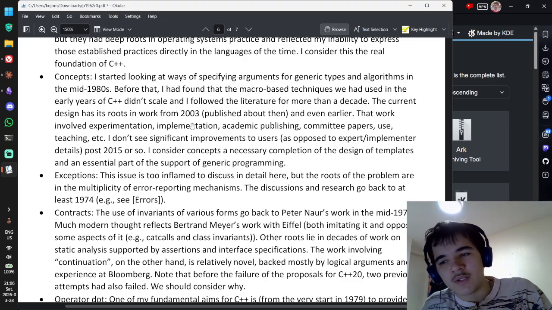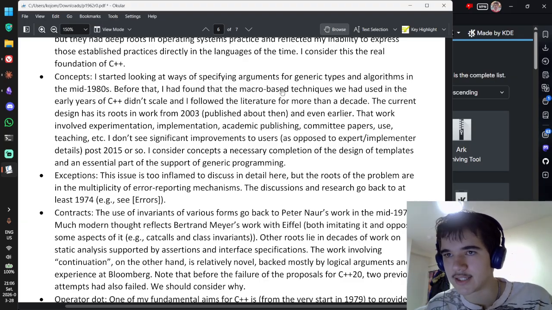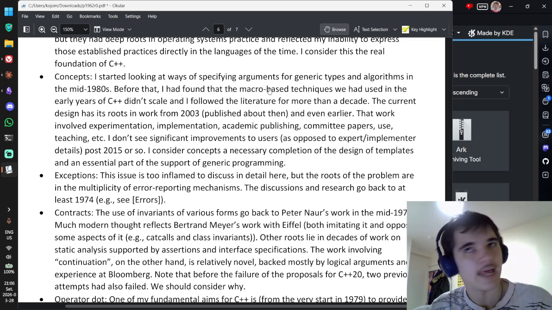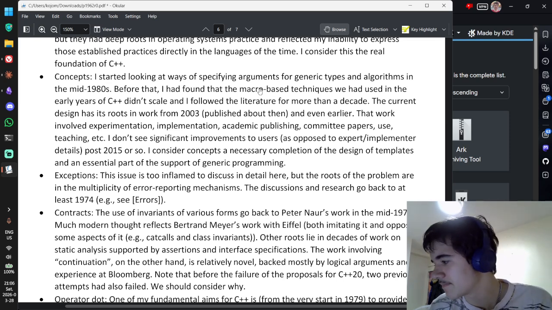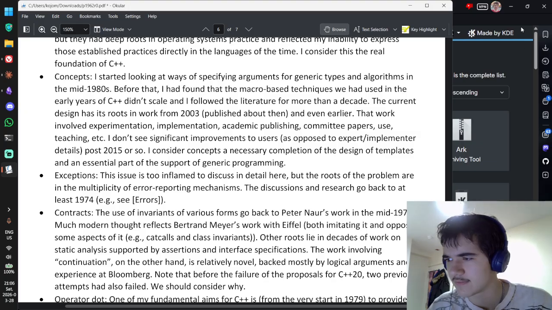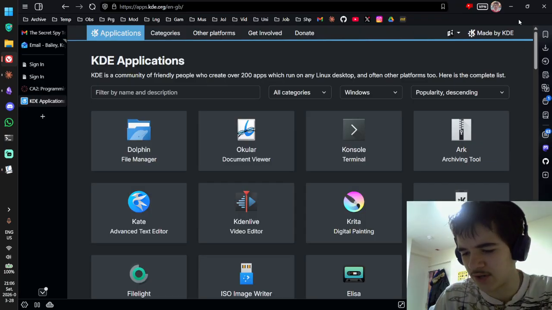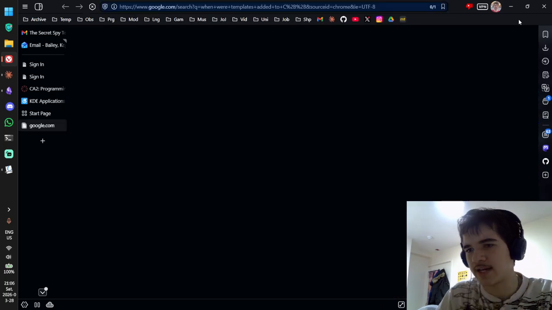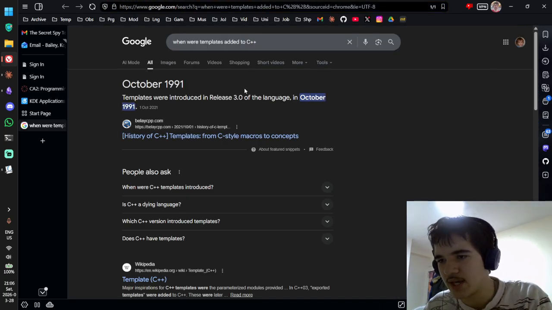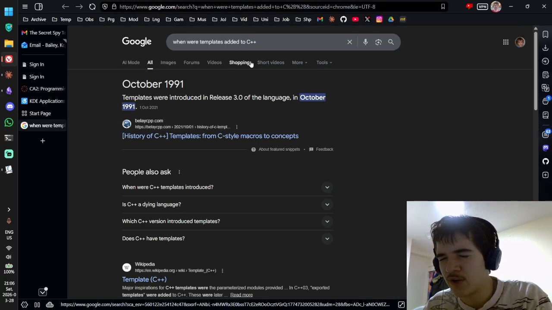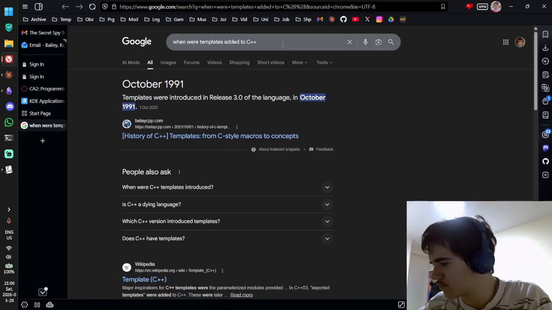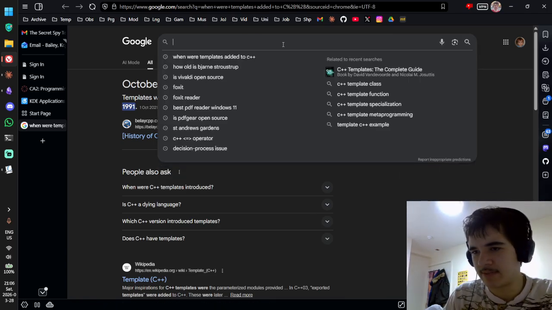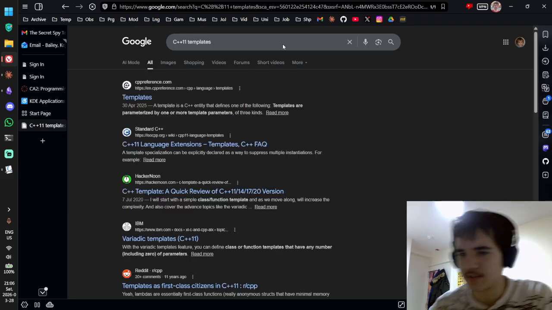So that makes you wonder, because people have had issues with templates since they came out in C++11, if I'm not mistaken. No, templates have been around for longer, haven't they? When were templates added to C++? Like a core feature, no? Yeah. I forgot what C++11 added though. C++11 templates.